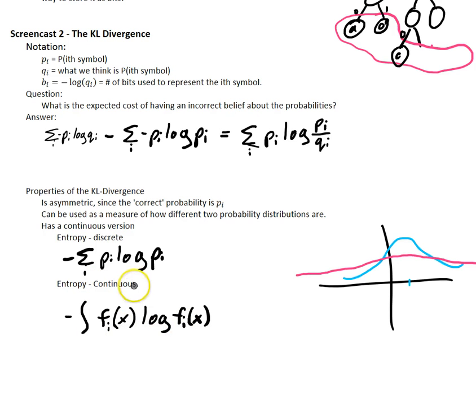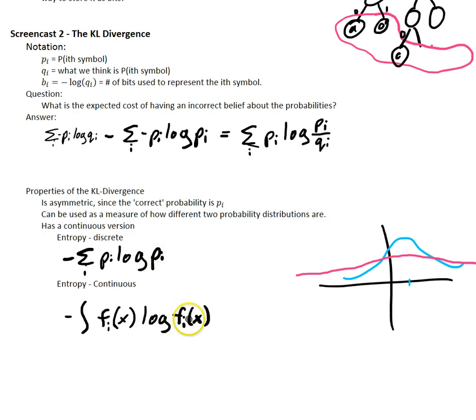That'll be the continuous version of the entropy. Note that you could have continuous functions approximating a discrete one, becoming closer and closer, but this would not get closer and closer to this. This would actually approach negative infinity.